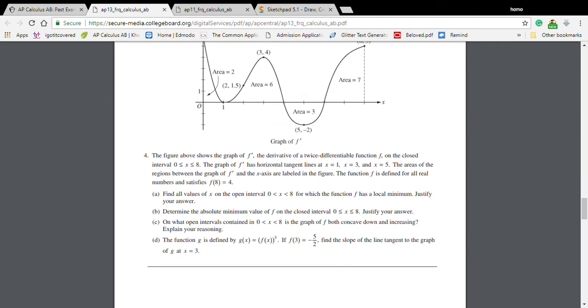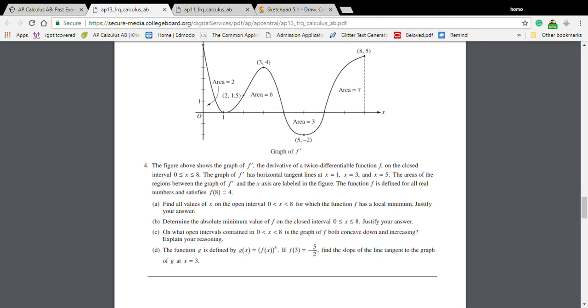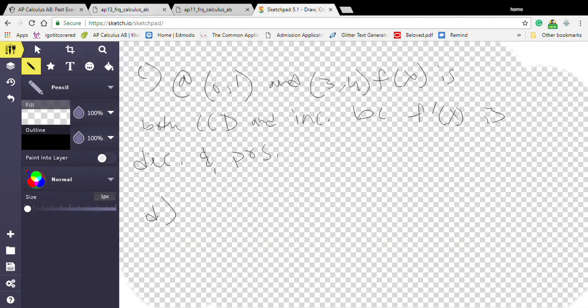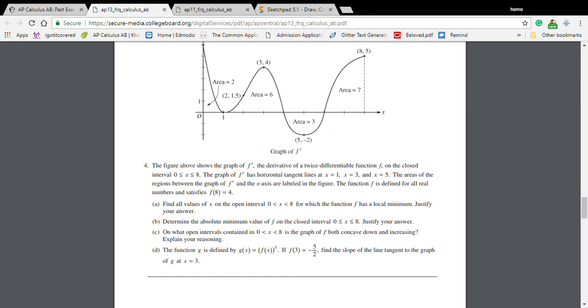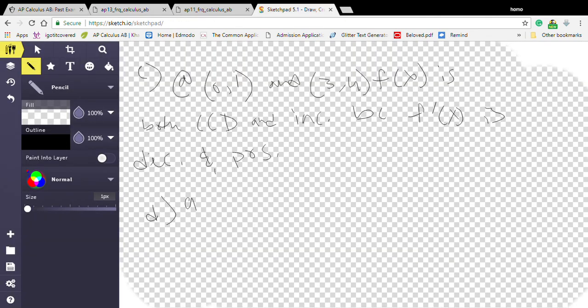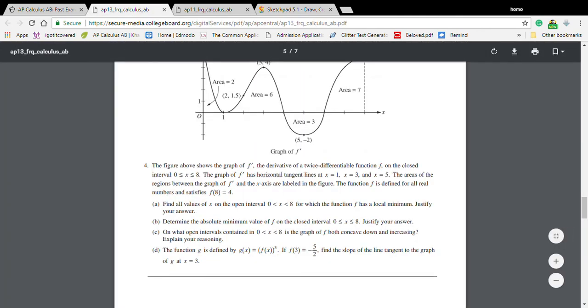So basically they're asking us to find the slope. And we know whenever we need the slope, we need to find the derivative. So we have to find the derivative of g. So g prime of x, we're going to use the chain rule here.